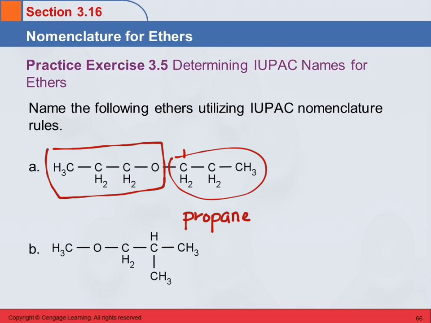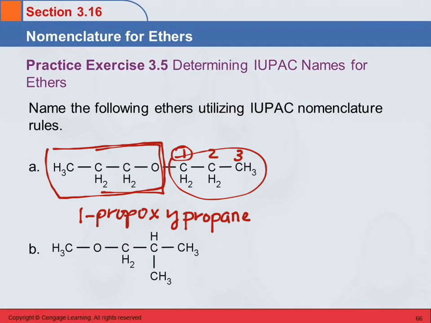So this is 1, 2, 3. So this group is attached to the 1 carbon. So this is 1-propoxypropane. Just like with human names, some names sound cool and some names sound weird. That's a weird one. Any questions about that one?